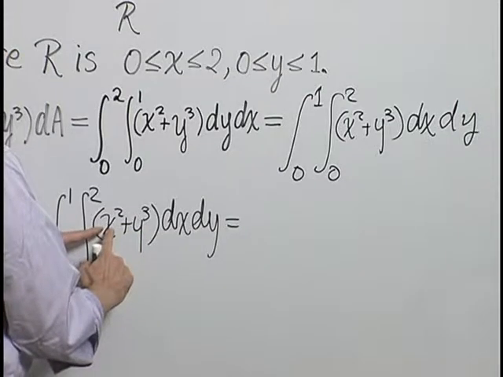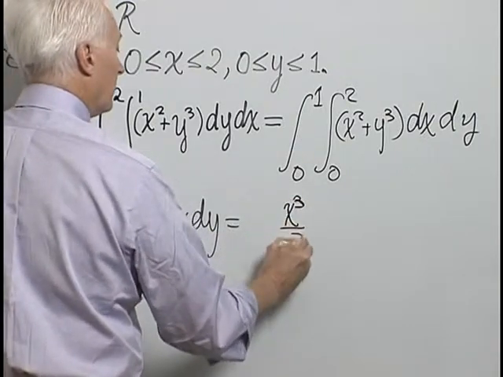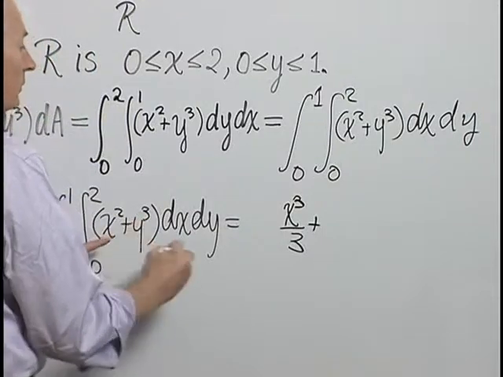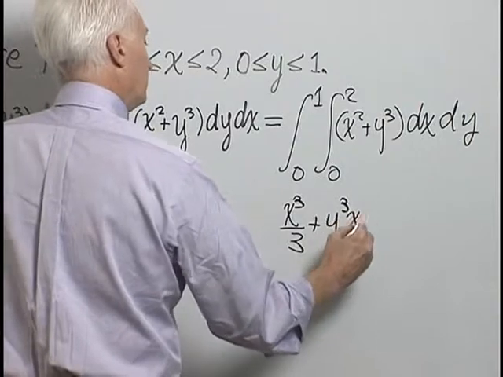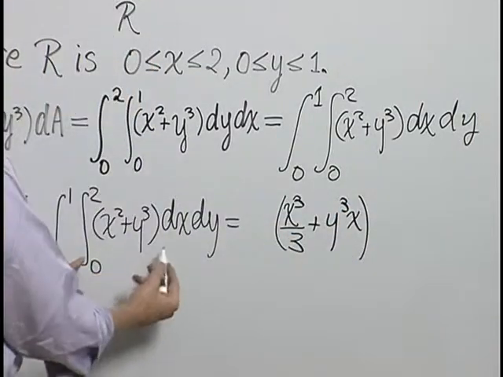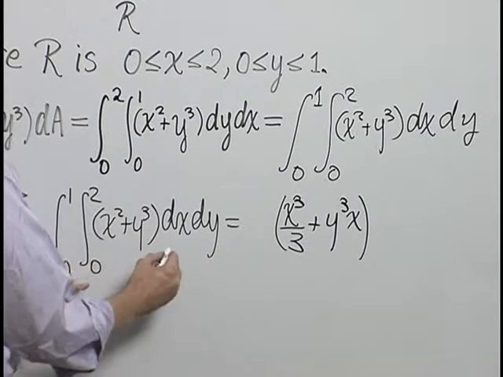So now when I anti-differentiate x squared with respect to x, I'm going to get x cubed over 3. And when I anti-differentiate y cubed with respect to x, I'm just going to get y cubed x. And so, remember, our inner integral is against x, so our limits here are on the x.